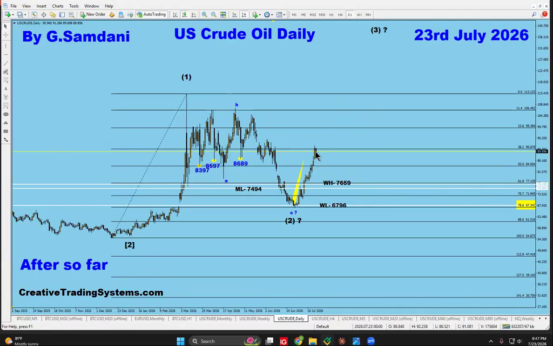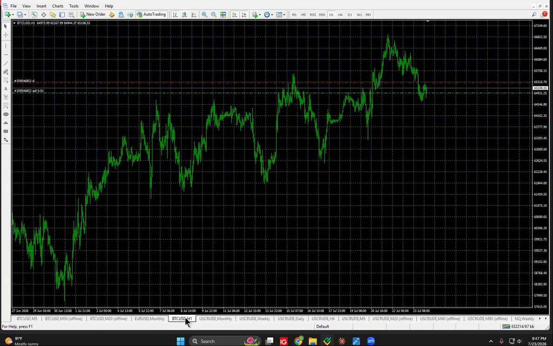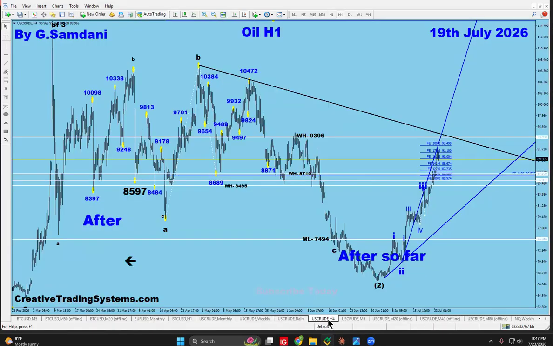So if this turn happens, by the way, in the meantime, I made the 4 hour chart. Yeah, there was a 1 hour chart, not 4 hour. Oh, this is Bitcoin. So here, you see my 4 hour chart. I had a discount here, like we have 1, 2, and then 1, 2, 3, 4, 5, then 4, 5.